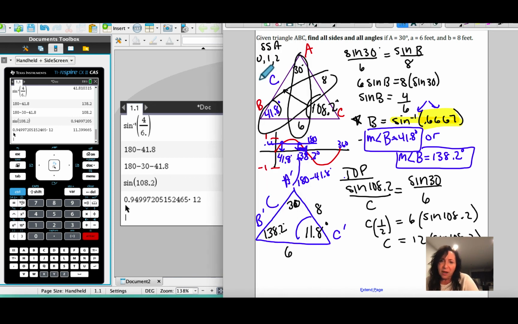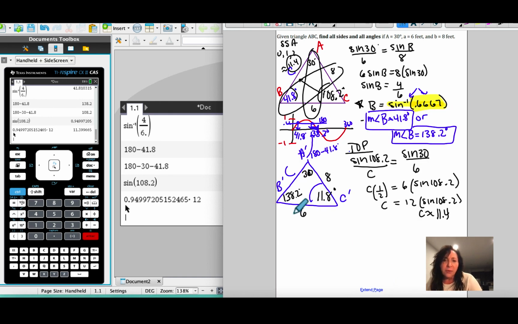So this c on the top is approximately 11.4, okay? Let me rewrite that. So 11.4.